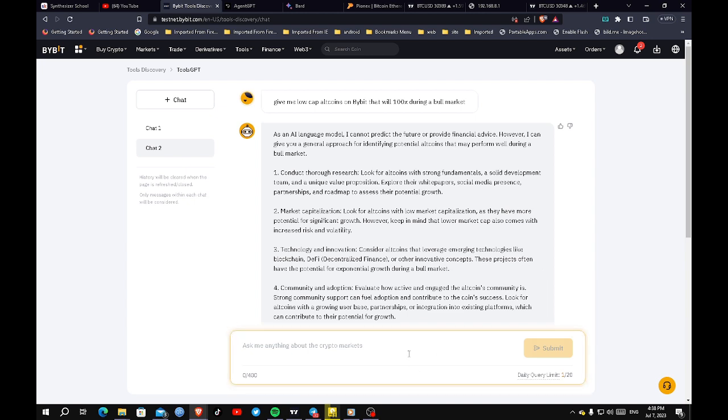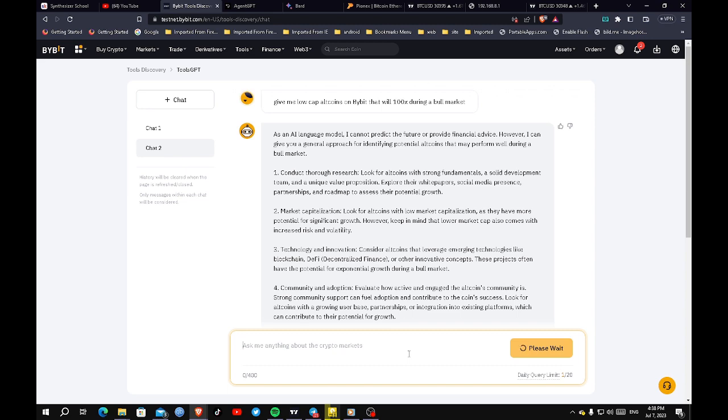Okay, so give me an example of low cap altcoins on Bybit that will 100x during a bull run.